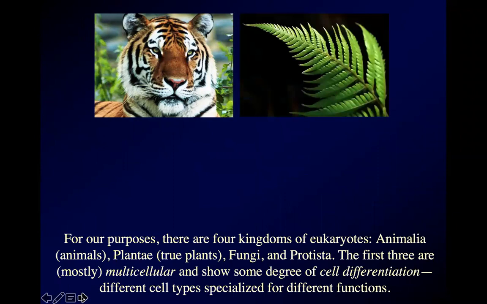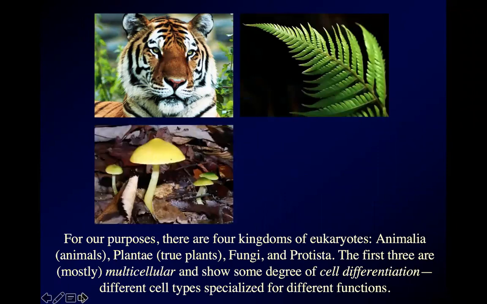No real surprises there. Kingdom Fungi includes the fungi. The best known to you would probably be mushrooms, but there's certainly many more types of fungi than that. It's a big kingdom and it's got mushrooms.